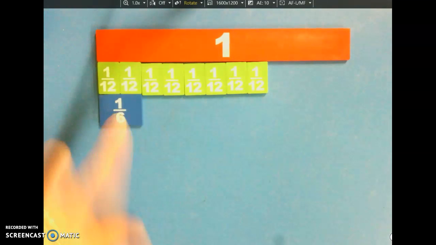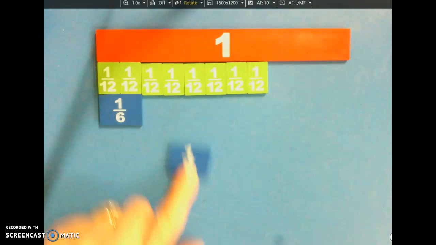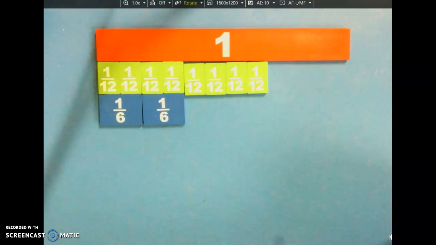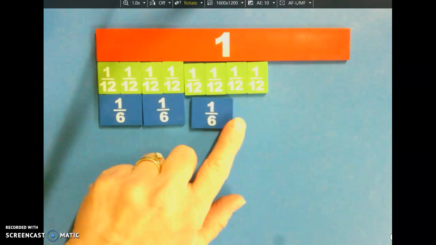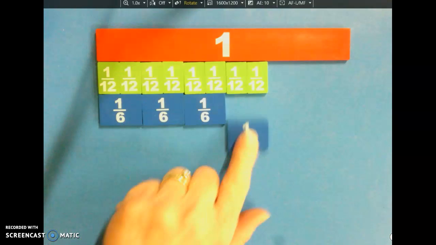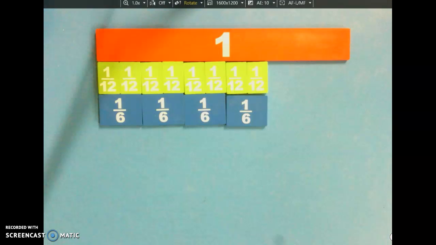Here is 1/6 and 2, 3, and 4. So how many sixth fraction pieces did you use? We used 4. So I see that 4/6 is equivalent to 8/12.